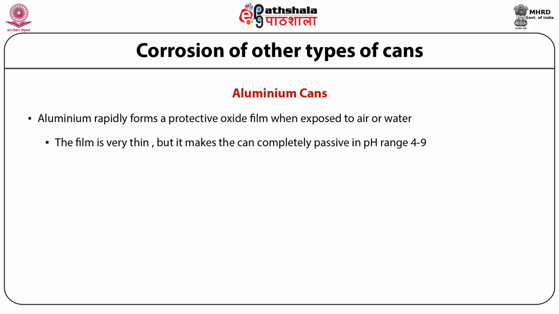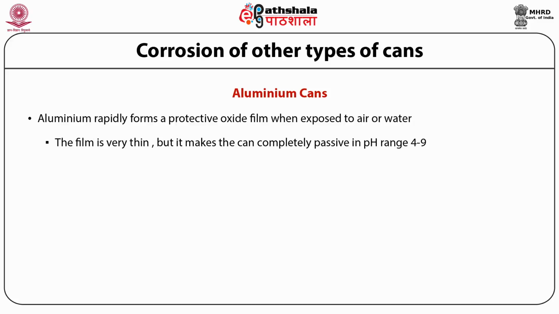Because aluminum oxide is amphoteric, it will dissolve in acid or alkali to give the soluble aluminum cation or anion respectively. In practice, it is found that aluminum will corrode in acid solutions below pH 4 and alkali above pH 9, but its corrosion resistance is excellent in the range of pH 4 to 9.